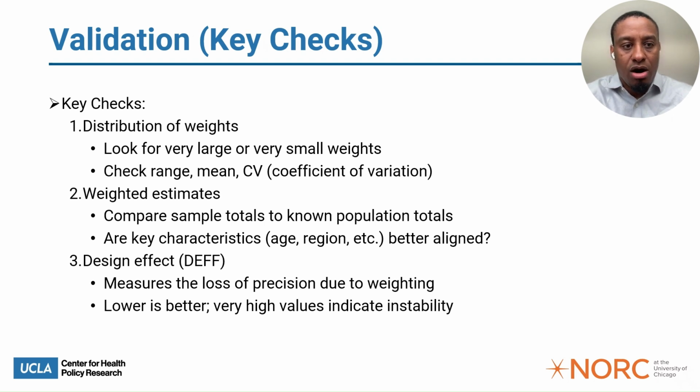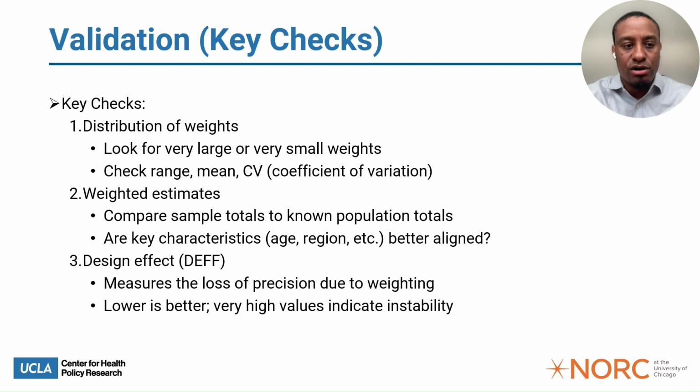On the weighted estimates, we can compare the weighted totals to external sources, as we discussed, from the census or previous surveys, something reliable that we know from the target population. We can use key characteristics like demographics, age, and administrative variables like regions, and so on.